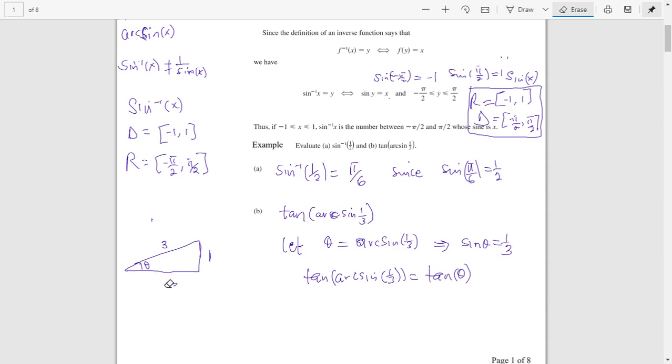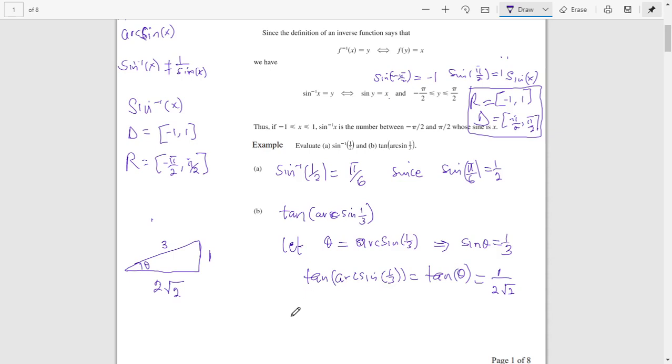So I'm just going to write it here. The third side will be 2 square root of 2. So if I have this definition of tangent as opposite over adjacent, that tells me that the tangent of the angle theta would be opposite, which is 1, all over the adjacent, which is 2 root 2.